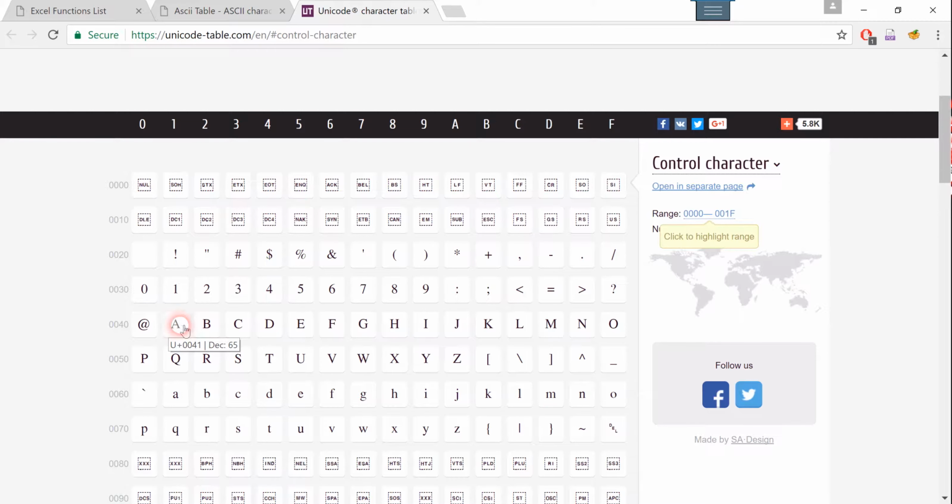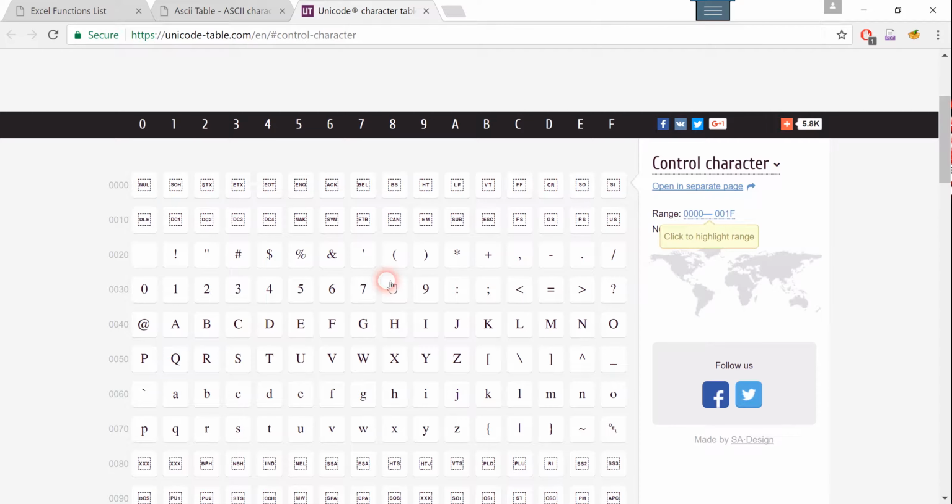Of course, the first set of characters is very similar to ASCII. That is a very important thing to understand: Unicode is basically an extension of ASCII. All the characters that were in ASCII are also there in Unicode, but there are some additional ones.